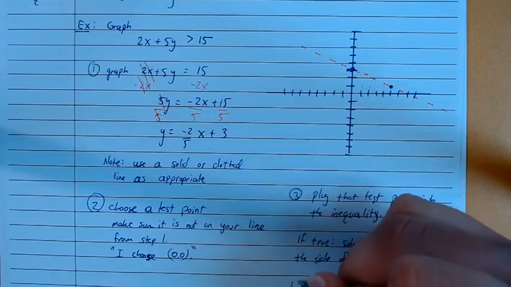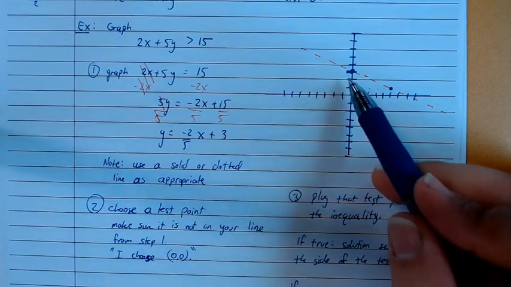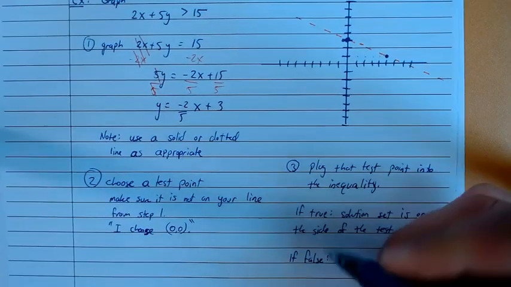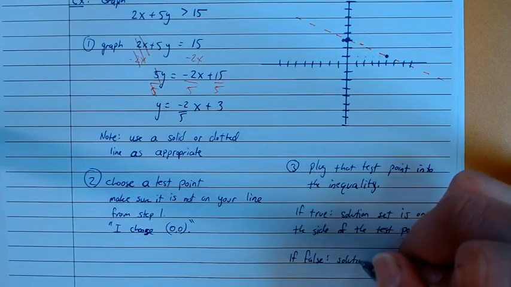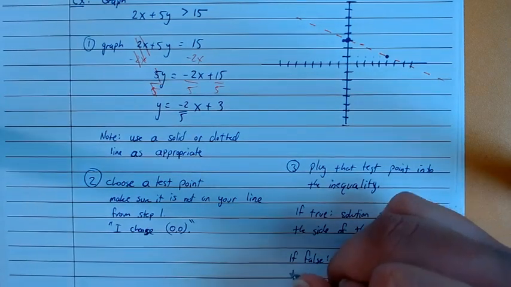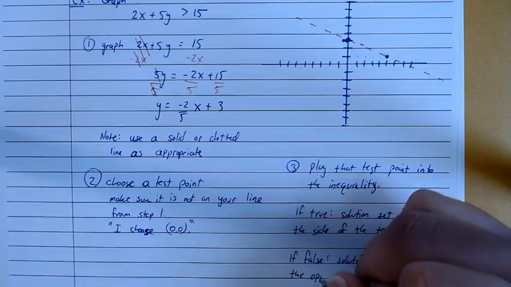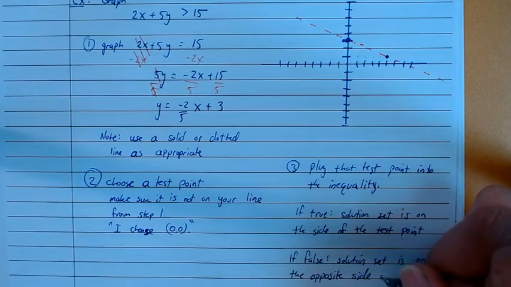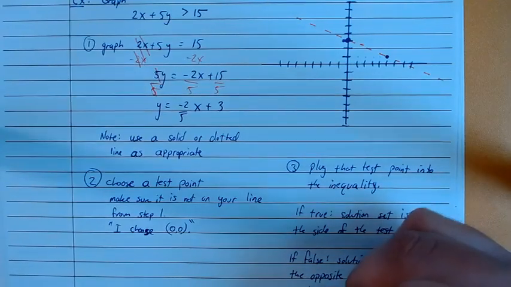However, what if it's not true? What if it's false? Well, again, there's two choices. You can go this way, you can go that way. So if it's false, the solution set is on the opposite side of the test point.